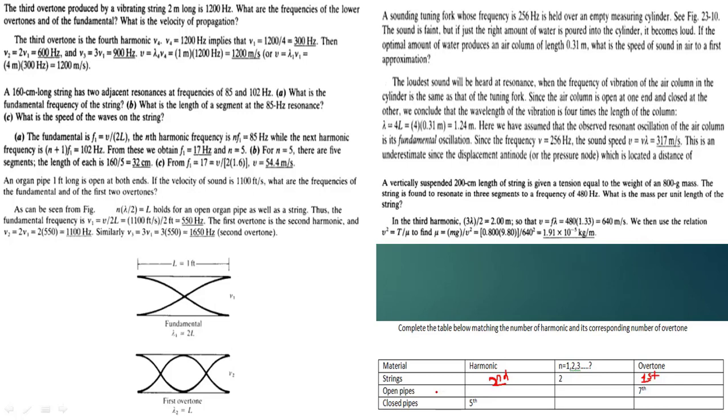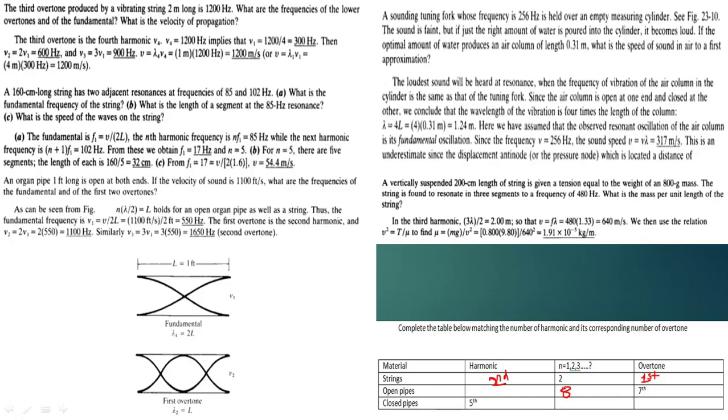In the open pipes, you are having the 7th overtone. You know the open pipes, like strings, follow n is equal to 1, 2, 3, etc. So having the 7th overtone means you are having n is equal to 8, because the first one is always the fundamental.